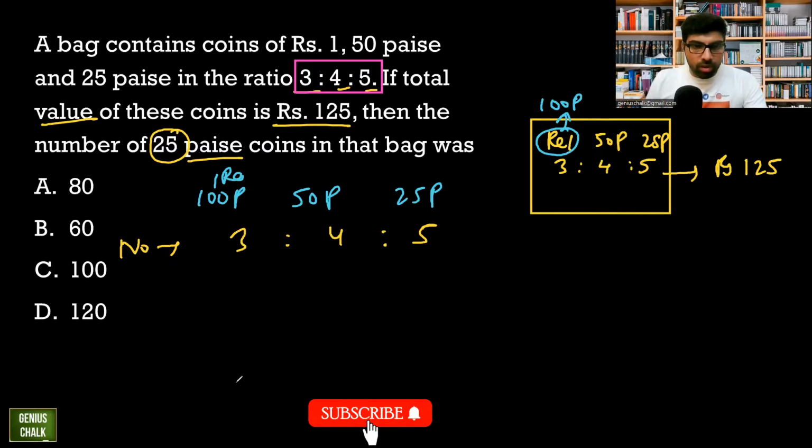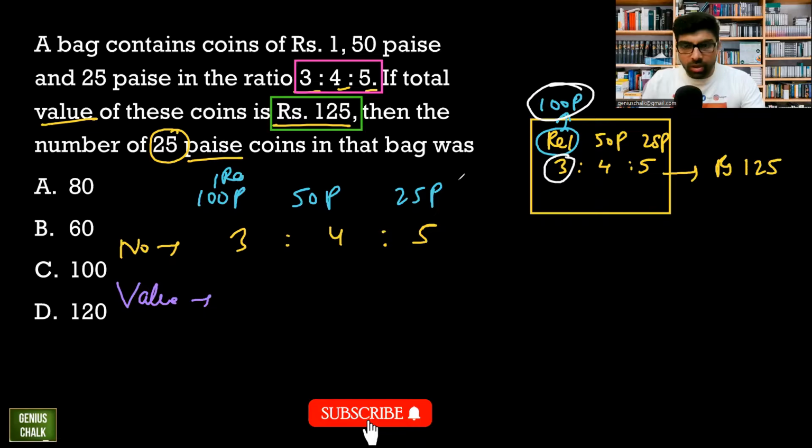Now, what is given? This is the value given here. Value is 125. That means, if your bag has 100 paisa coins and there are 3 such coins, what is the total value? 3 multiplied by 100, so 300 will be the value.